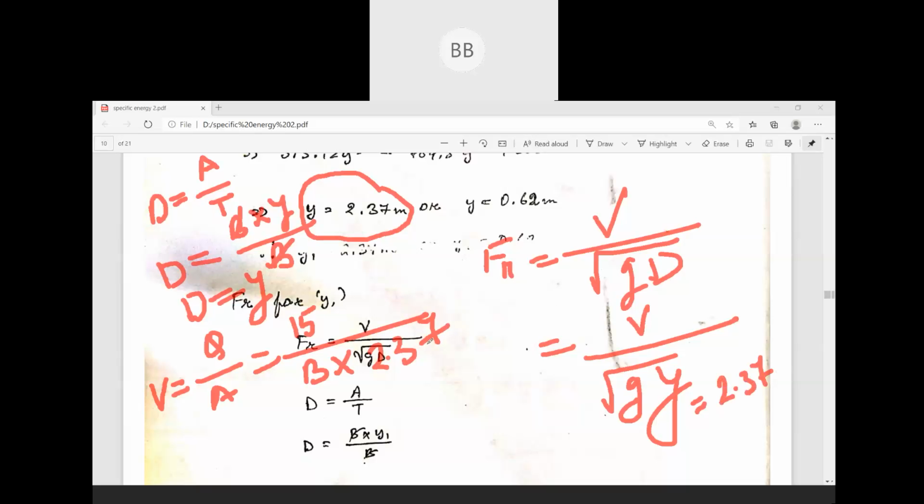So likewise you can find the Froude number. This Froude number will be in subcritical, so definitely it should be less than 1. First you find the Froude number and check whether it is less than 1 or not. So try to calculate the Froude number.